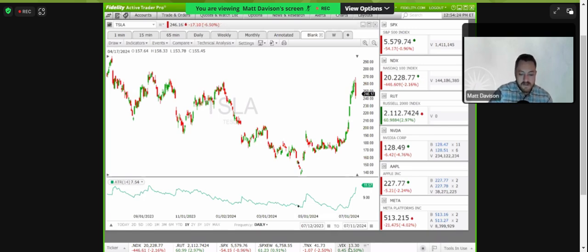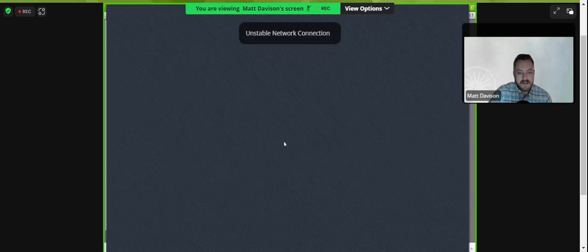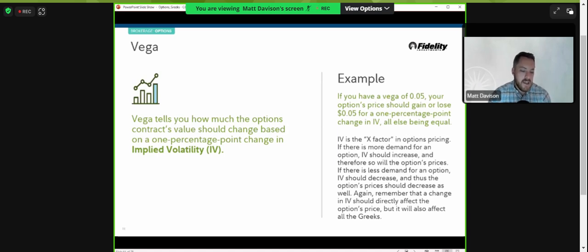Now, when we go back to the slides here and we're looking at what Vega is actually trying to tell us, it's just saying that if we were to have a 1 percentage point change in implied volatility, how much should my option change? And the reality is oftentimes when volatility changes, it's not in 1 percentage point, right?